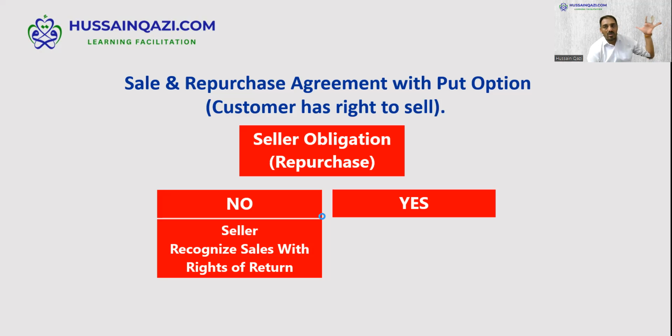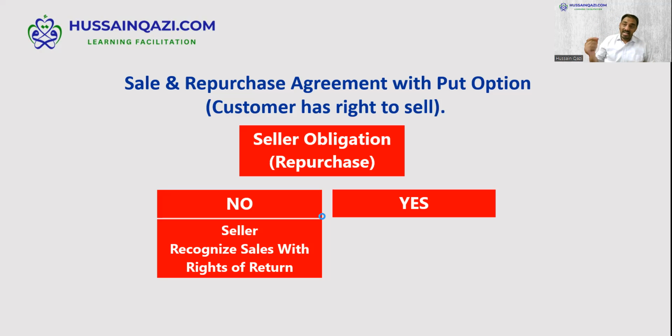Although the seller has also written the put option to the buyer, and the buyer is the holder of the put option, at the transaction date this is not expected to materialize. So here we will consider that the sale has been made, because whatever option the seller has written, it's not possible to materialize.